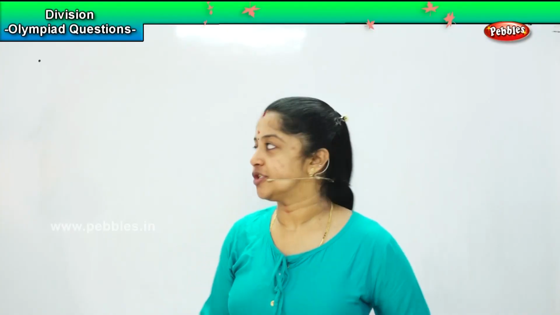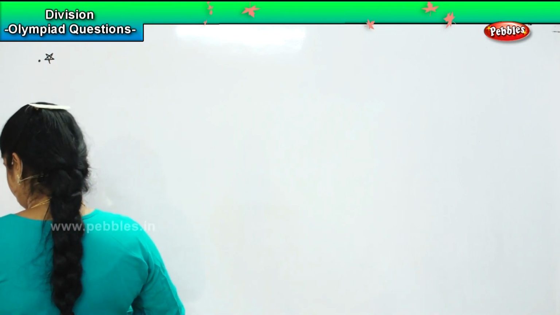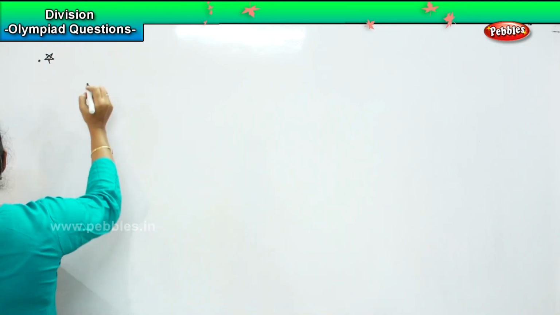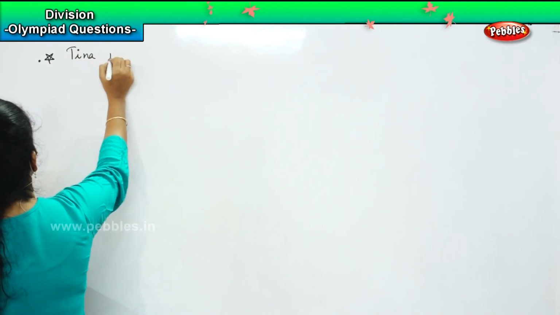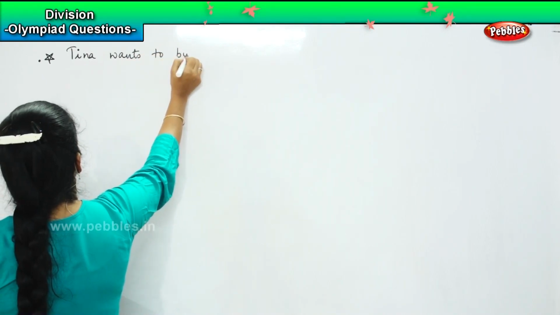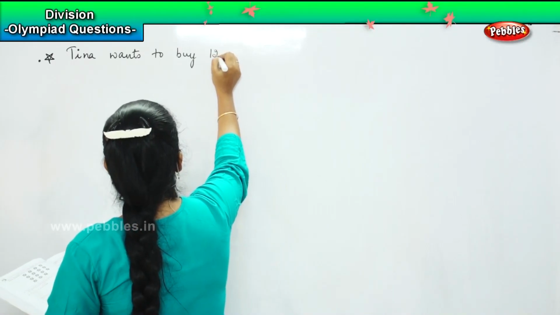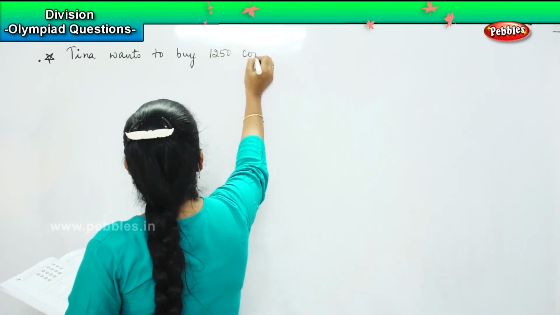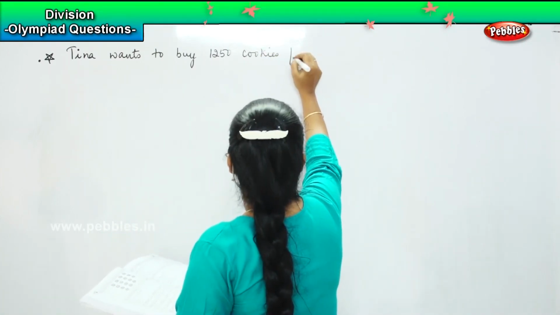Here is your next question. The question says, Tina wants to buy 1,250 cookies for a party.